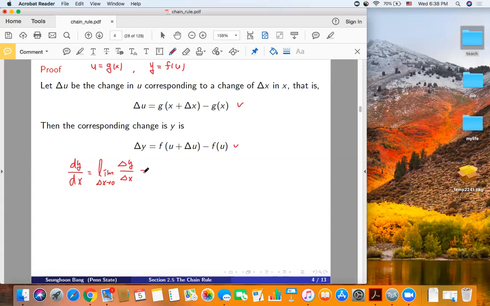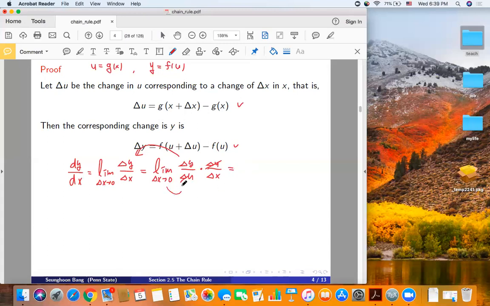This is the same as the limit as delta x approaches 0. I can change it a little bit. This is delta y over delta u times delta u over delta x. This is possible because delta u is crossed out, exactly the same as delta y over delta x.